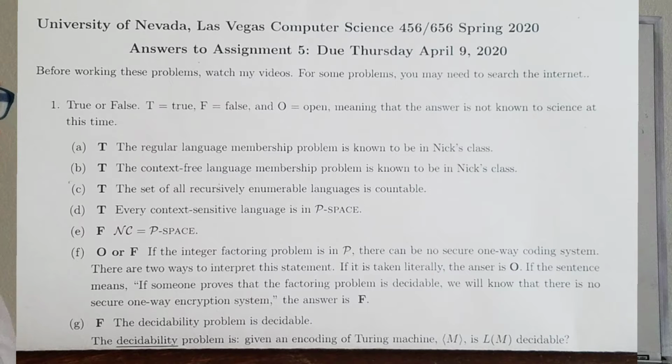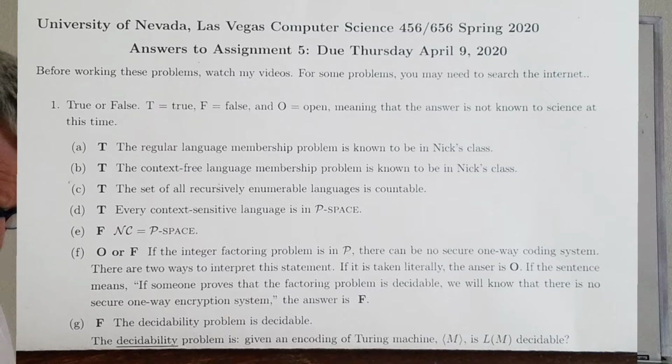On the other hand, we can interpret it a different way. If P equals NP, then polynomial time is the same as NP time, which means that if you could encrypt in polynomial time, you could also decrypt in polynomial time. In which case, since we don't know whether P equals NP, we would have to say that the answer to this question is open.